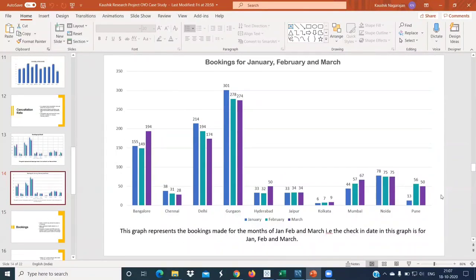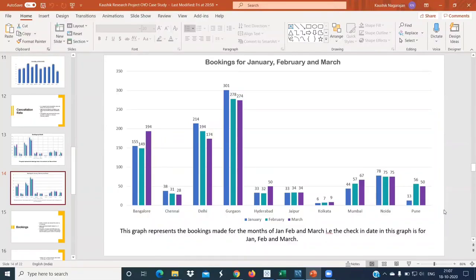This graph talks about the bookings made for January, February and March. So this graph basically means that if a booking is made in the month of January, that booking is for January.